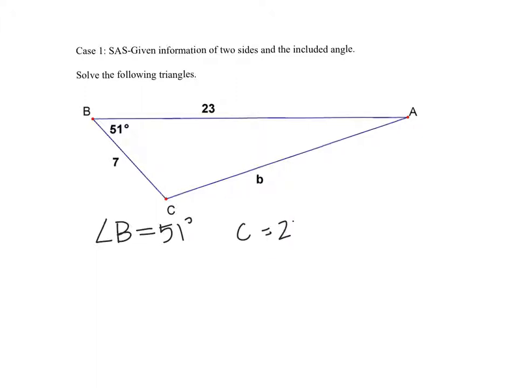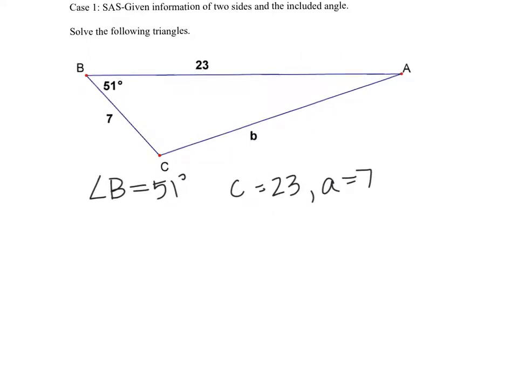Given this information, we can solve for side b using the law of cosines. We're going to use b squared equals a squared plus c squared minus 2ac times the cosine of B.